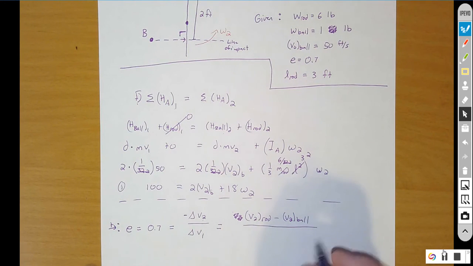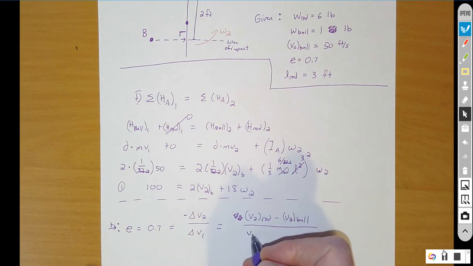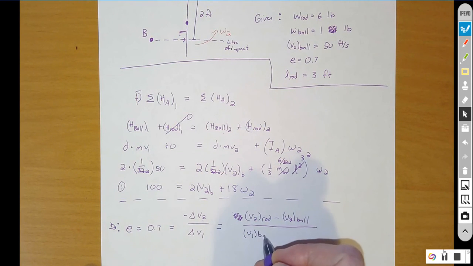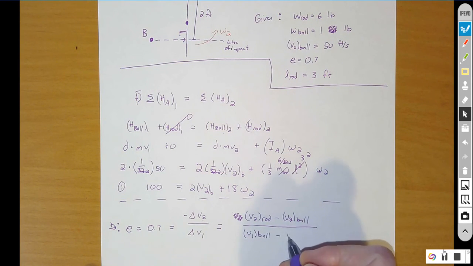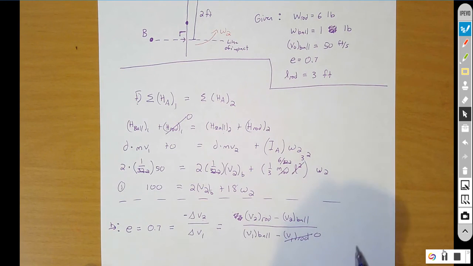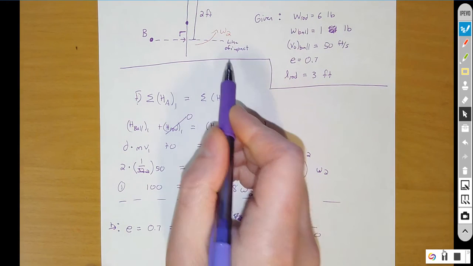And that means that I will have V1 of the ball here minus V1 of the rod here. The rod is initially at rest, so this zeroes out. V1 of the ball in this direction. So again, this is our x direction, which is our line of impact.